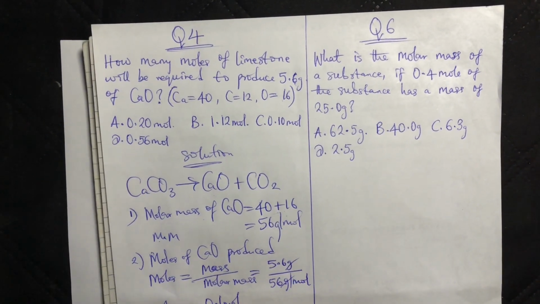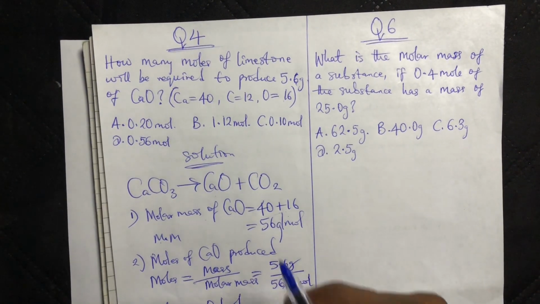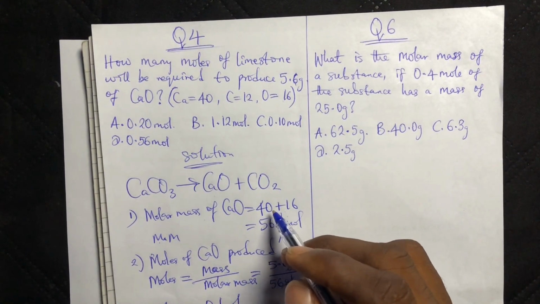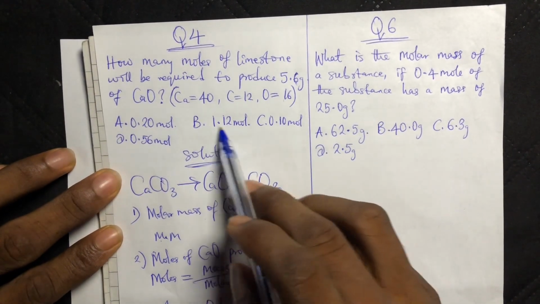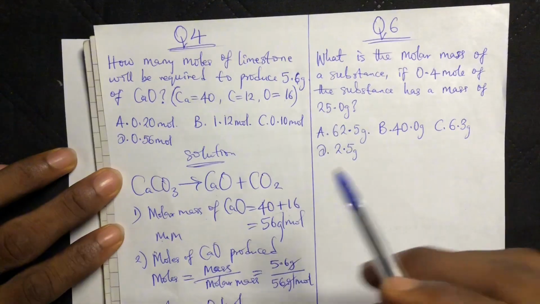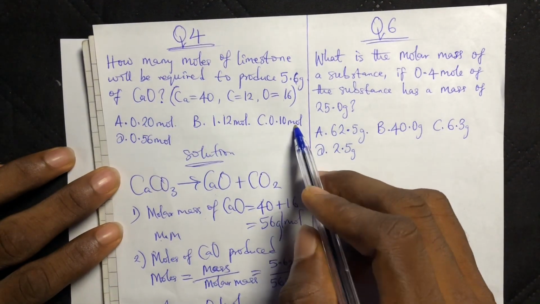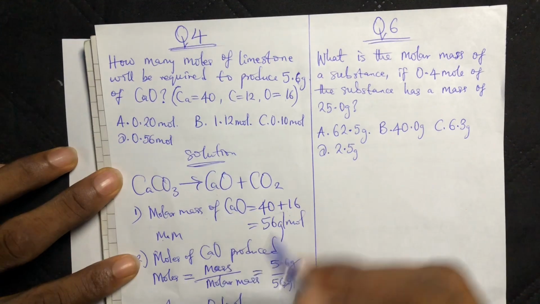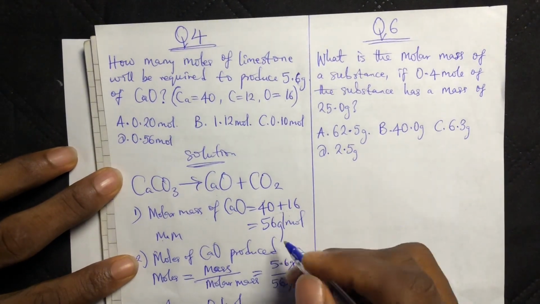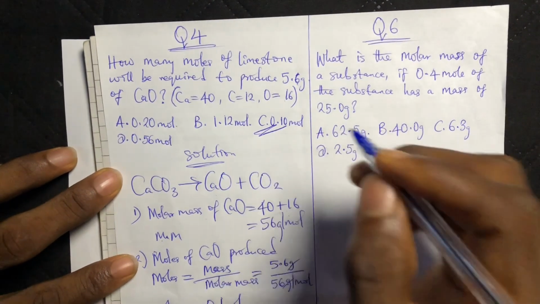This is our answer. If you look in the options that we are given, A is 0.20 mole, B is 1.12 mole, C is 0.10 mole, and D is 0.56 mole. So from our answer here, the correct option is option C, okay?